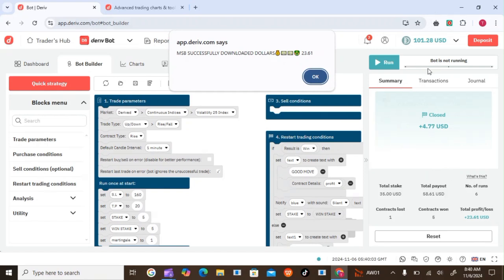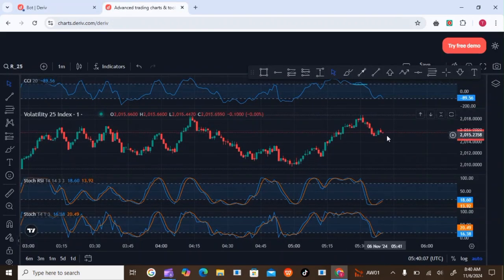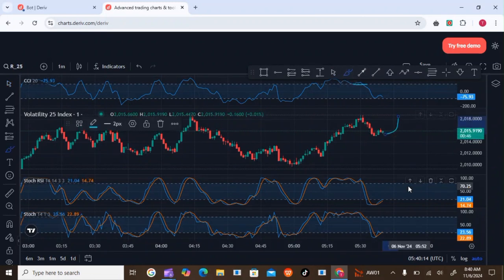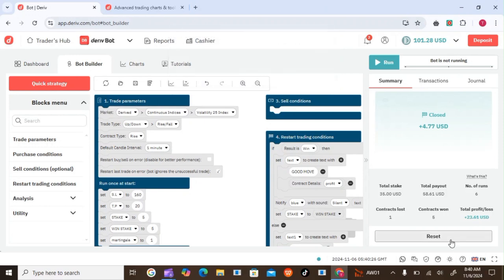So I'll just reset. You can see we are at 101.2 USD. It's a very good trend. So already we can see how the CCI is behaving, but the candlestick forming here is showing that we are now moving up. Already this has crossed, the blue has crossed the orange, and then the stochastic has already crossed.